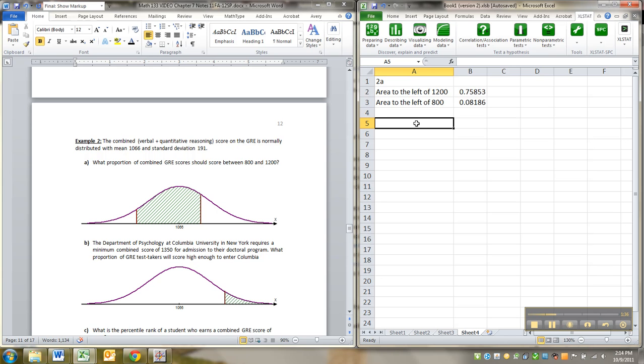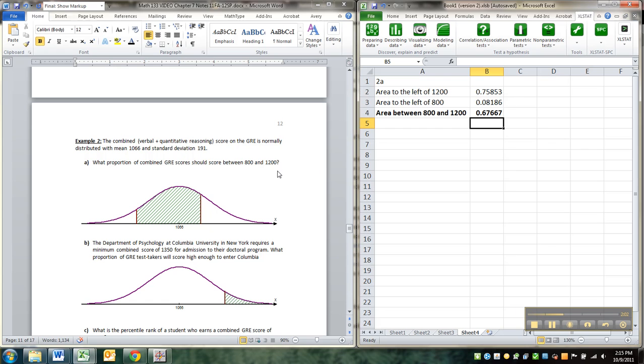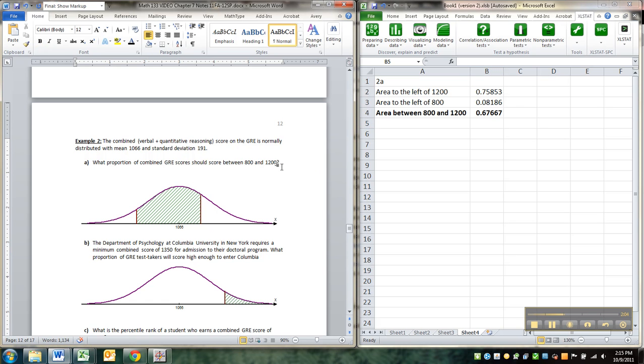Okay, so the shaded region, area between 800 and 1200, would be equal to this value minus that value. And there we go. So it's 0.6767.